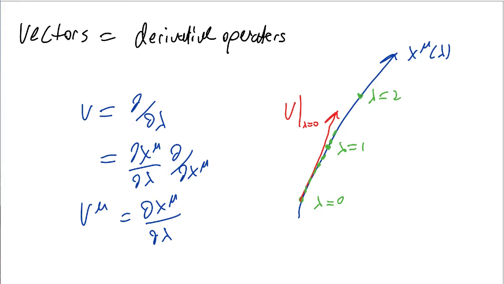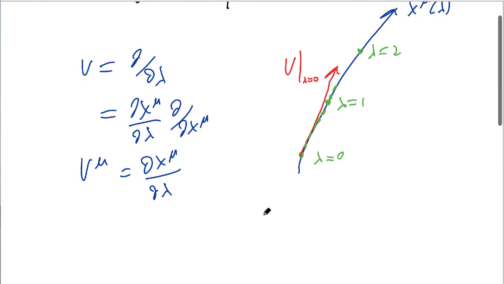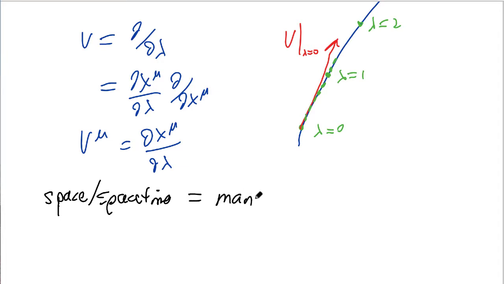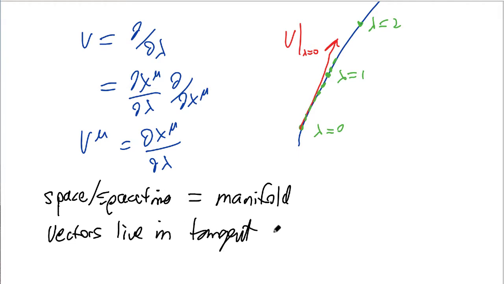A mathematician would refer to the space or space-time as a manifold. Space or space-time is a manifold. And the vectors live in the tangent space to a point on the manifold. So there's a tangent space at each point in the manifold.